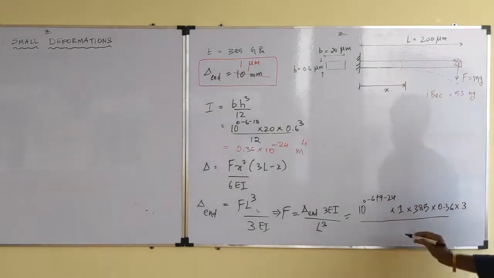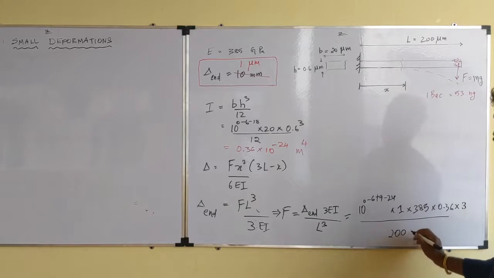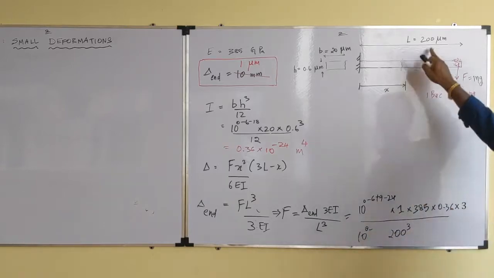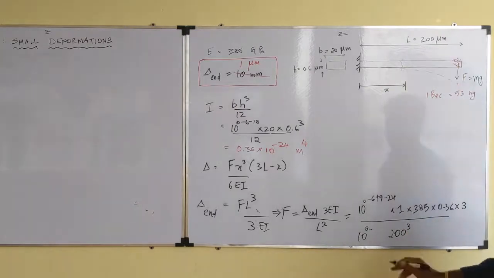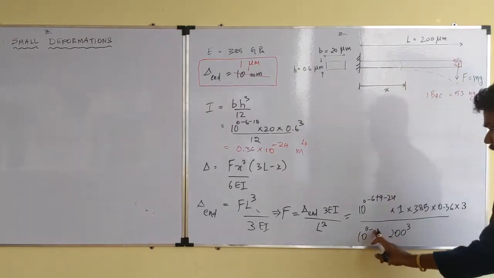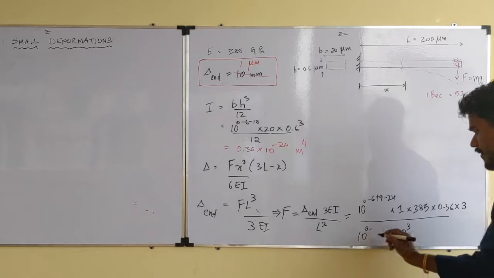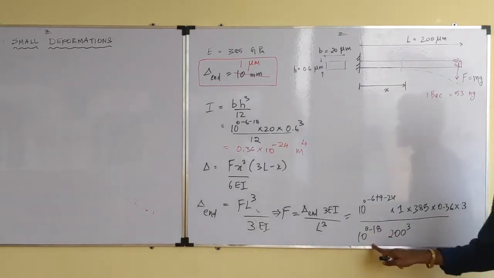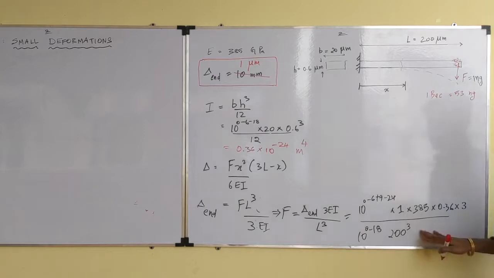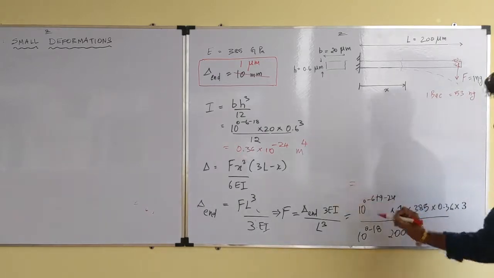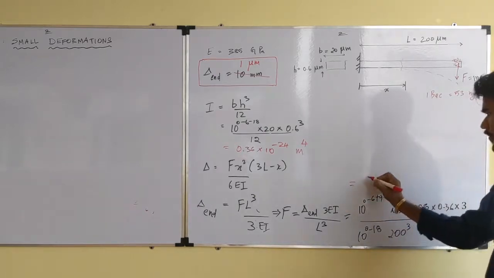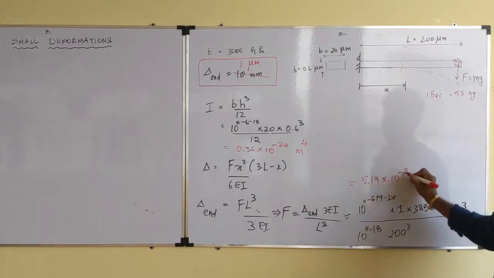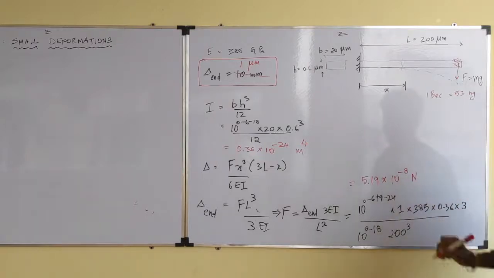L we know is 200 cubed, 10 power 0, and since it's in micrometers, 10 power minus 6 cubed is minus 18. If you simplify this, you should get 5.19 times 10 power minus 8 newtons.